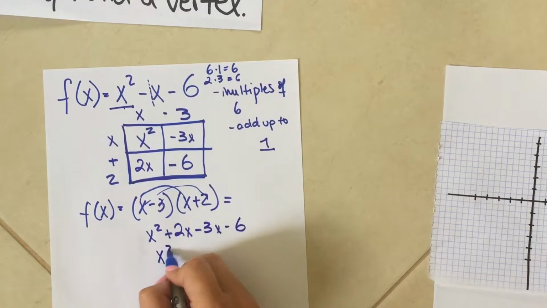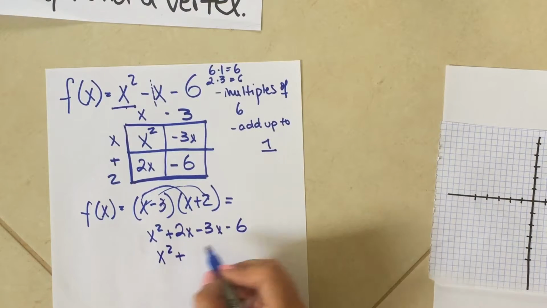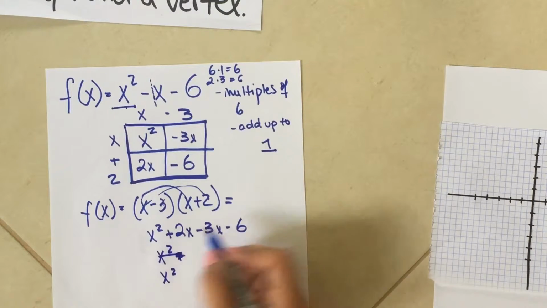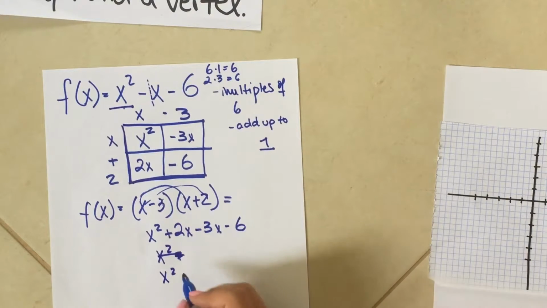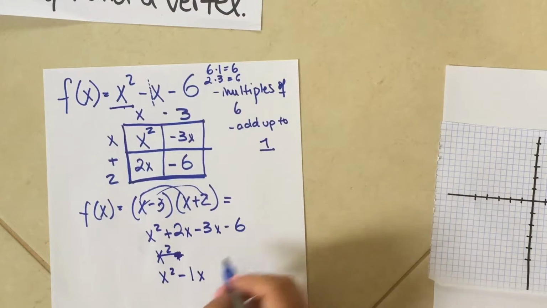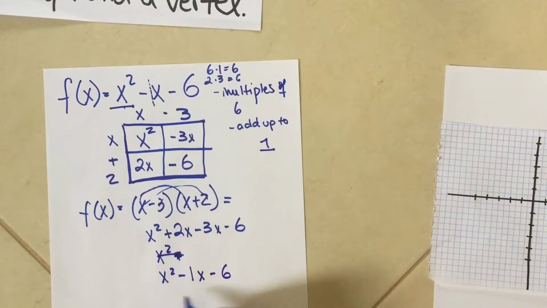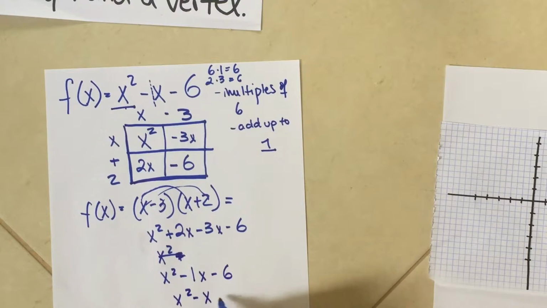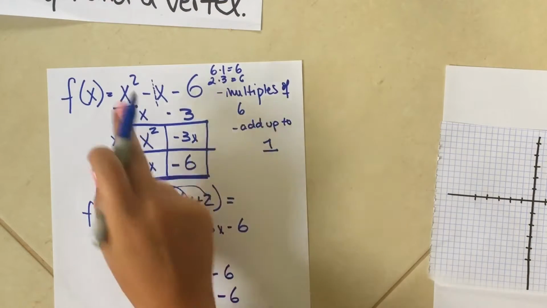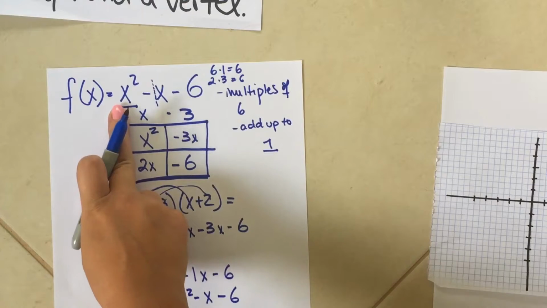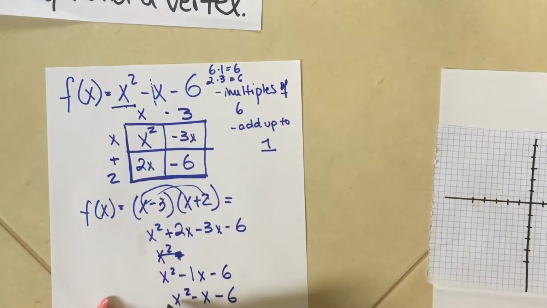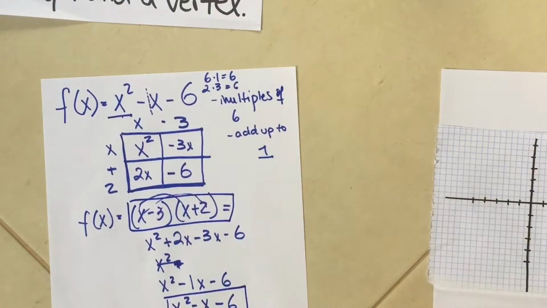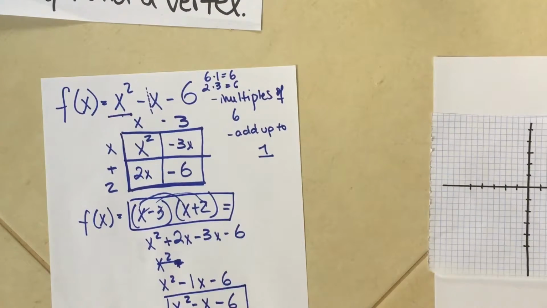Now we simplify that: 2 minus 3 is -1x, and then we leave the -6. -1x is the same as -x minus 6, which was our initial function. So there it is. This is our factored form. This is our standard form.